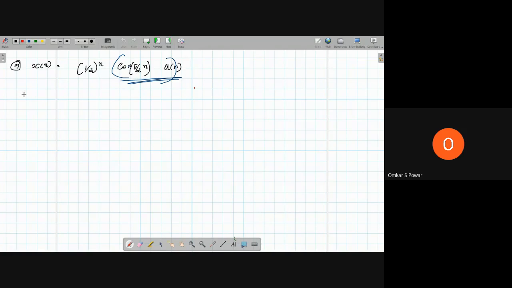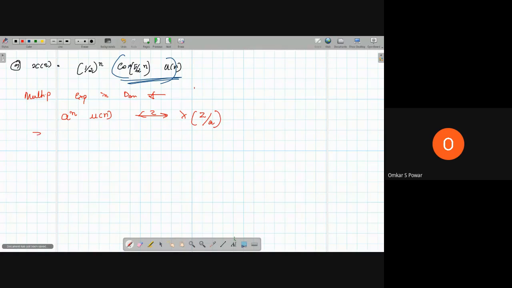So which property you use, you have to write correctly. According to the property, Z transform of a power of n u of n is nothing but x of z by a. Now what is your a? A is nothing but half.